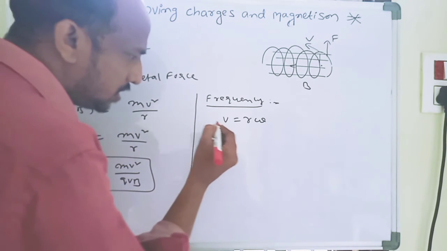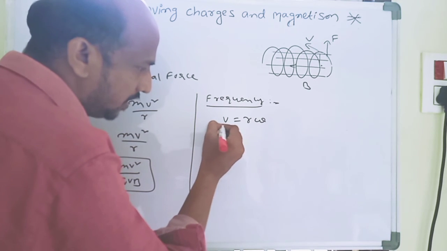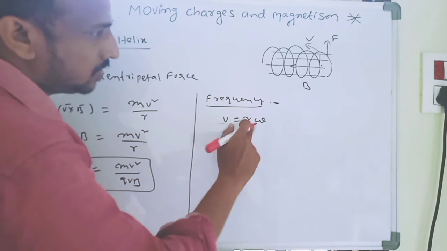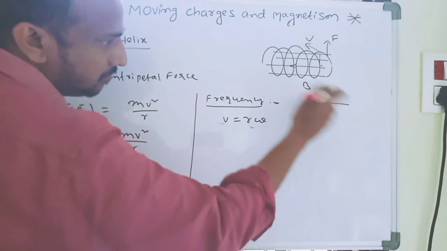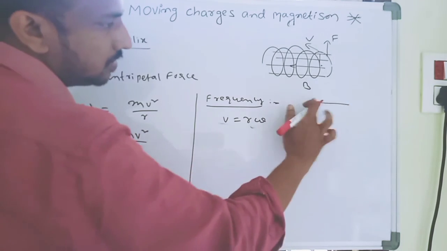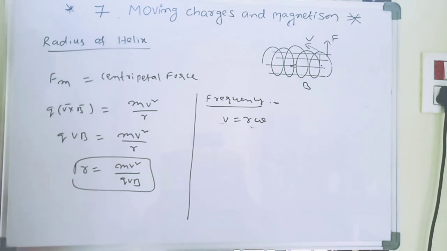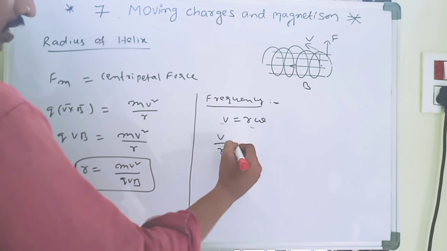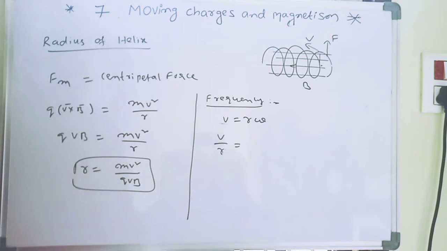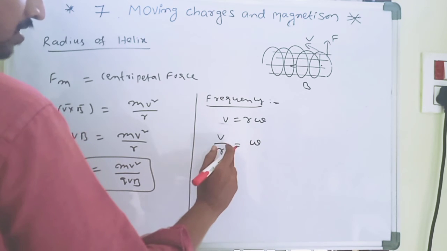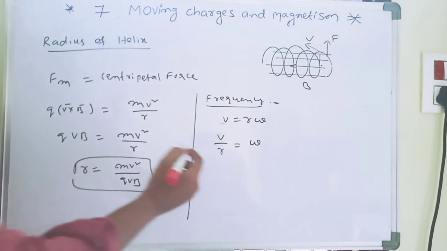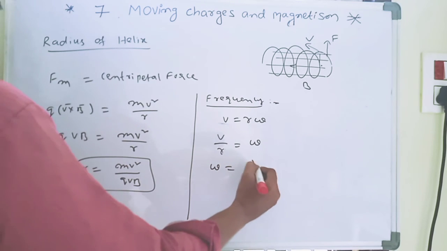This is the relation between linear velocity and angular velocity. So V by r is equal to omega. Omega is angular velocity, so omega is equal to V divided by r.